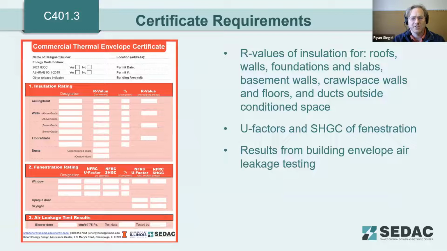It calls out several aspects that have to be on it: obviously the different R-values for your component parts, your ceiling or roof, walls, floors, ducts, etc. For the fenestration, what is the U-factor and solar heat gain coefficient? And the results from the building envelope air leakage testing that is becoming required now as well.